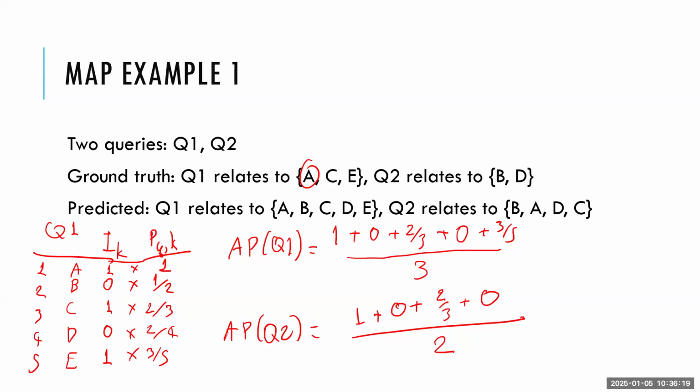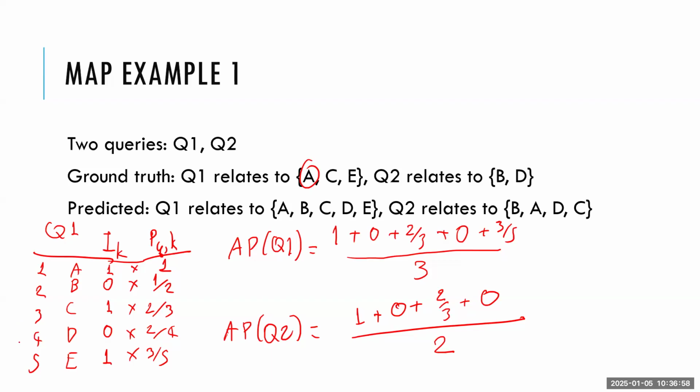So if you want to have a high MAP score, what should your ranking look like? What is the maximum MAP score you can get? If you have a perfect ranking, it's going to be 1, because the precision at every position would be 1.